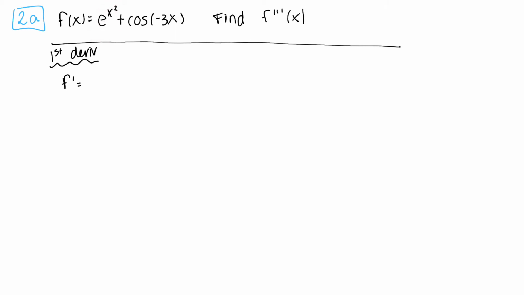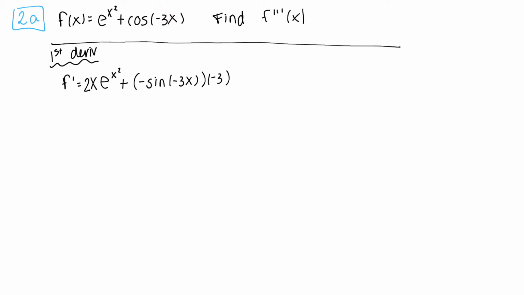For e to the x squared, it's the derivative of the exponent. So the derivative of x squared is 2x, and then e to the x squared. For the next part, plus cosine's derivative is negative sine, and then the derivative of the inside is negative 3.